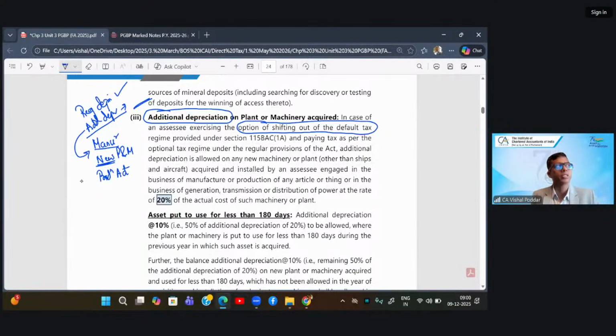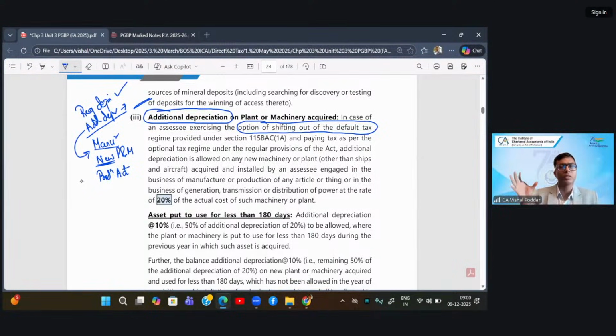Similarly, any asset, like let us say you have a water cooler, that is also a machine. You have ACs installed in the office. You have so many machines installed in the office. Computers are also machines, not eligible for additional depreciation. But where the same cooler, the same AC, the same computer is used for production, let us say your production creates a lot of heat.